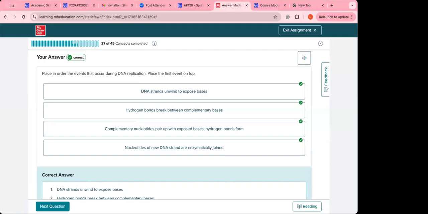Oh, it did work. Okay. The DNA strands unwind, the hydrogen bonds break, complementary nucleotides pair up.